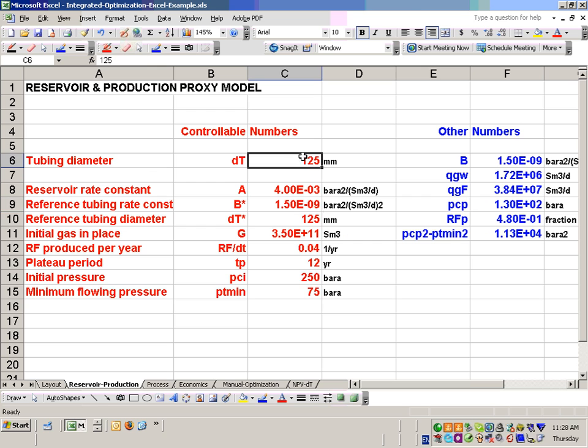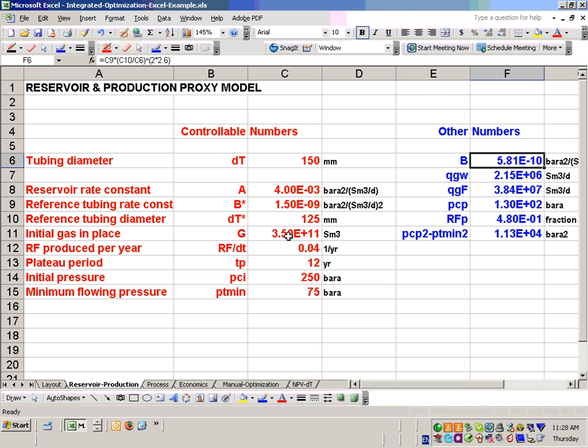If you use a bigger tubing diameter, then you get a smaller B that's being used in the calculation of rate. So this tubing diameter will affect the tubing constant over here.